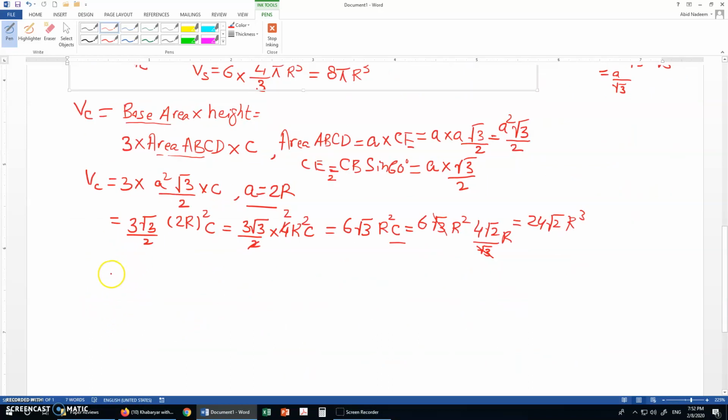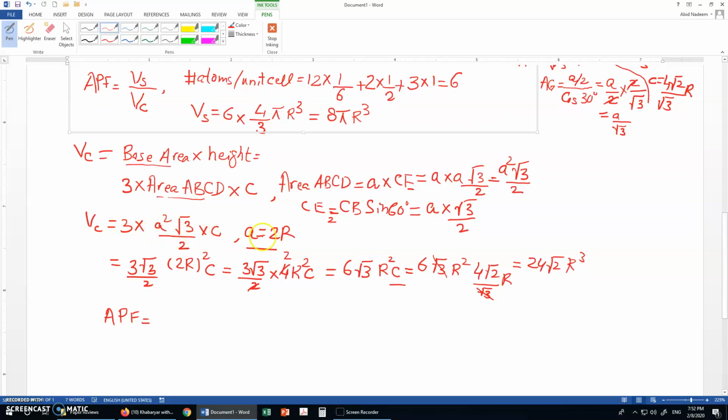So atomic packing factor will be equal to Vs, which is 8 pi R cube, divided by Vc, which is 24 under root 2 R cube.